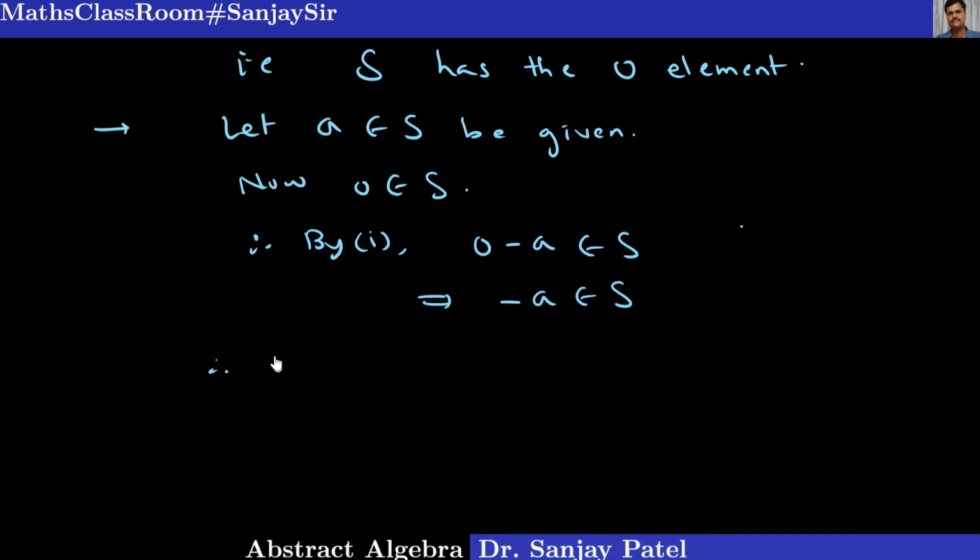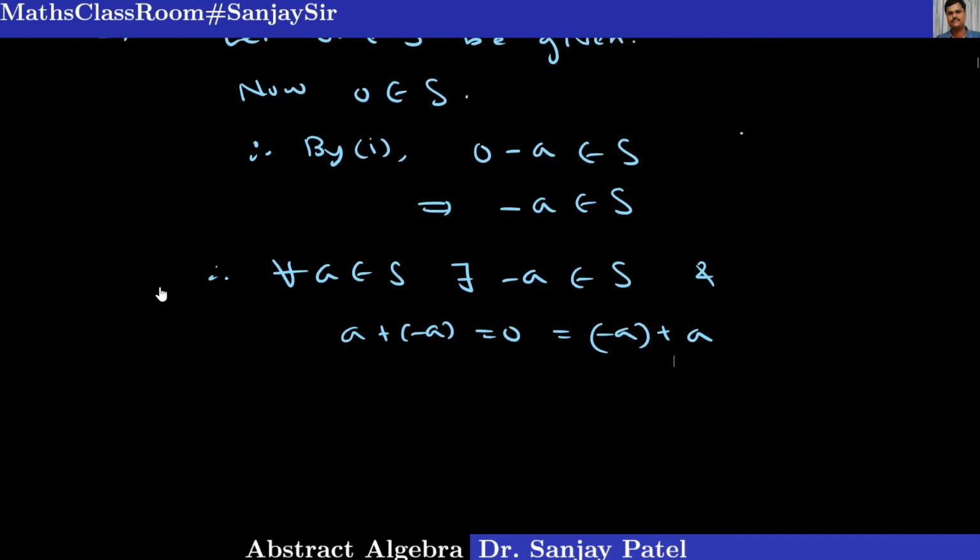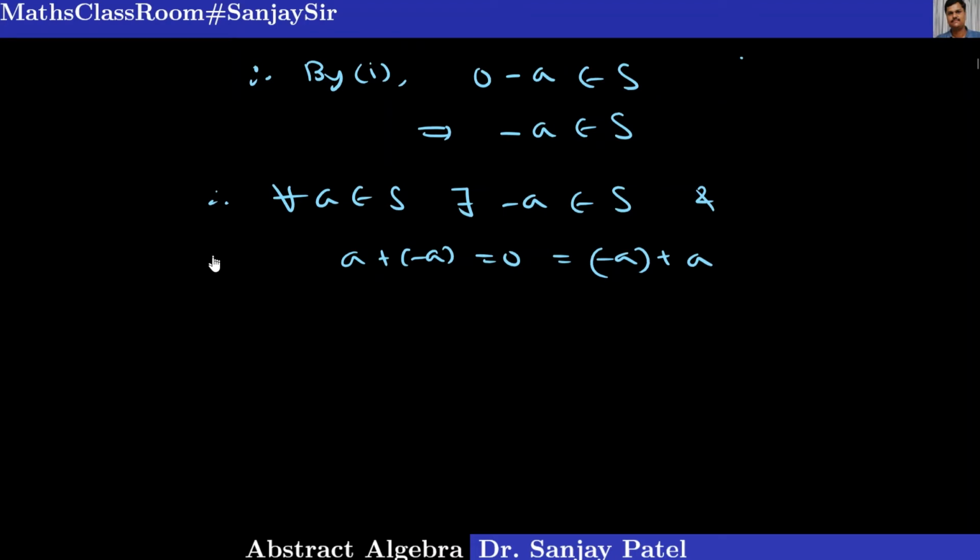So what I have proved is, for every A belongs to S, there exists minus A belongs to S. And we know that A plus minus A is equal to 0. So that condition, additive inverse exists, is also satisfied. Finally, the next condition, the closure property, is already given for multiplication.